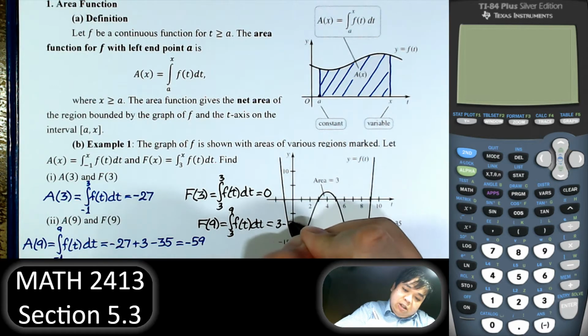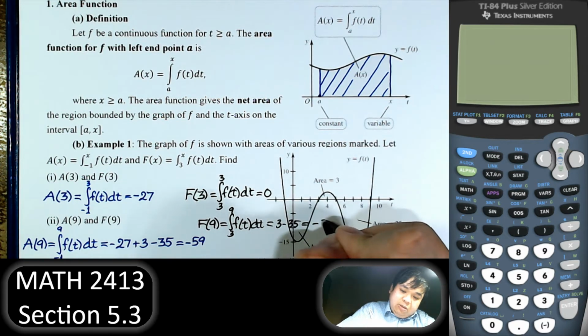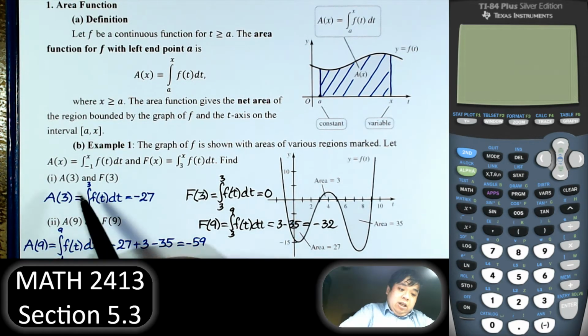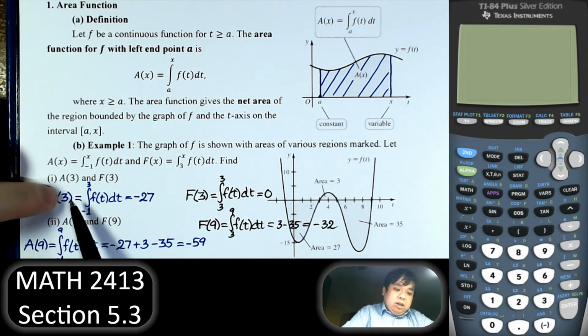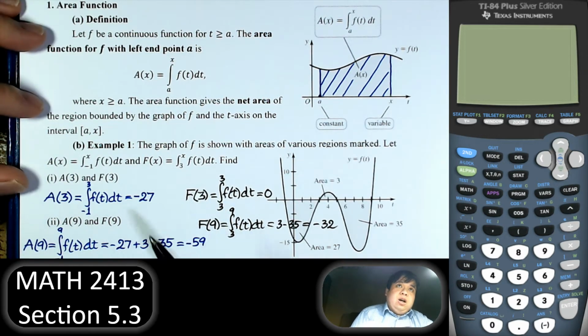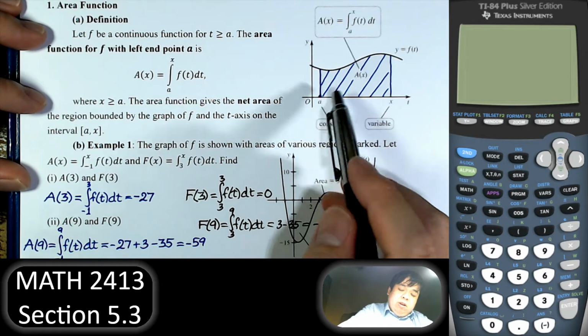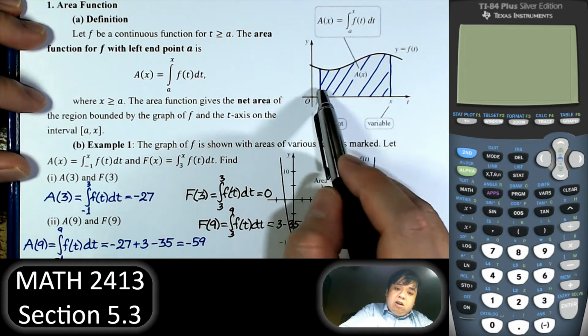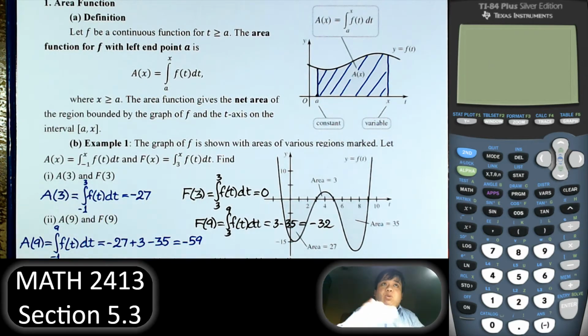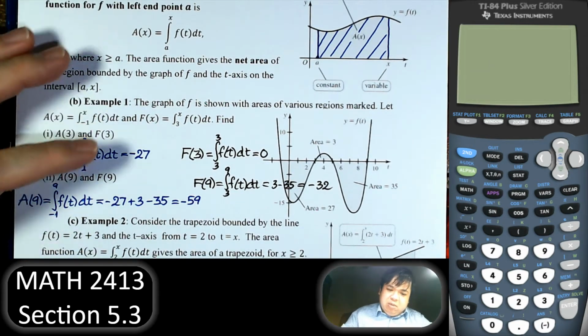So 3 minus 35, which is negative 32. Right, so it's easy. For the area function, we just put the value into it and replace the upper limit. The area function is defined from the constant lower limit and the variable on the upper limit, we just replace it by a number, and that's pretty much it.